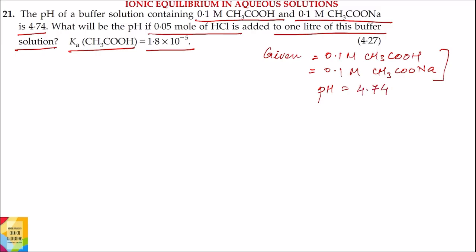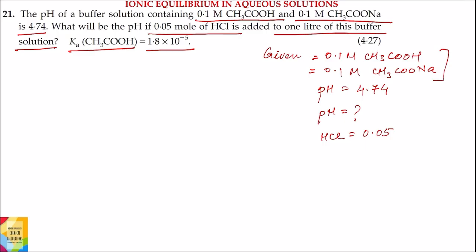Now what is asked in this question? What will be the pH? Means you have to find the pH if the amount of HCl added is 0.05 mole, and this amount of HCl is added to 1 liter of the buffer solution. The acid dissociation constant is given as 1.8 × 10^-5.